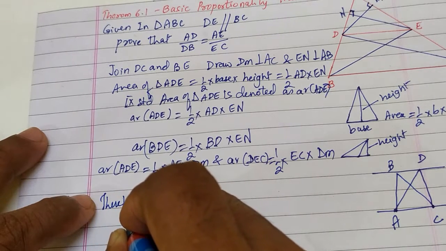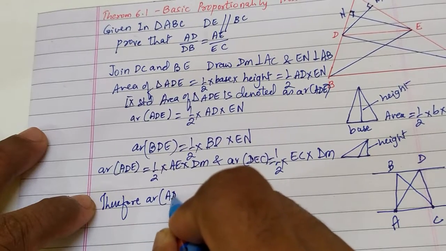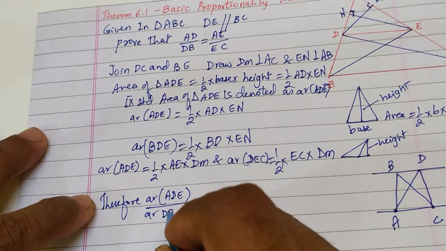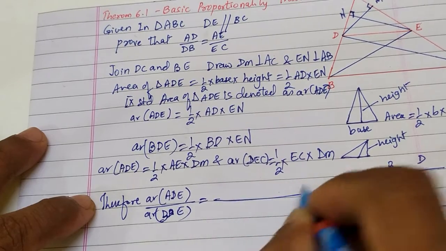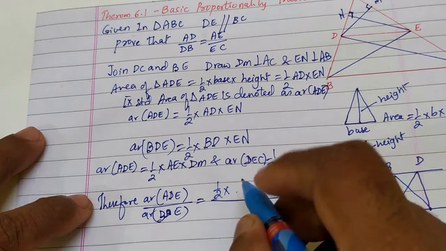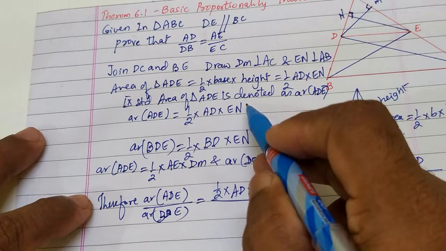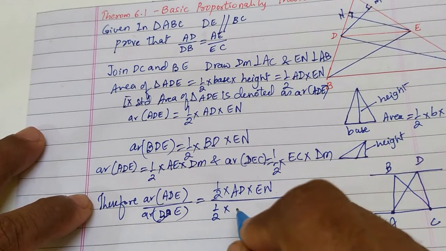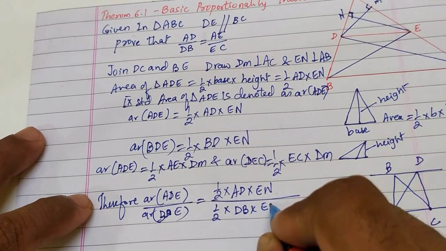Therefore, area of ADE upon area of BDE is half into AD into EN, upon half into DB into EN.